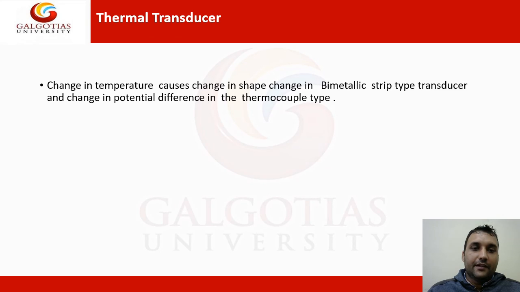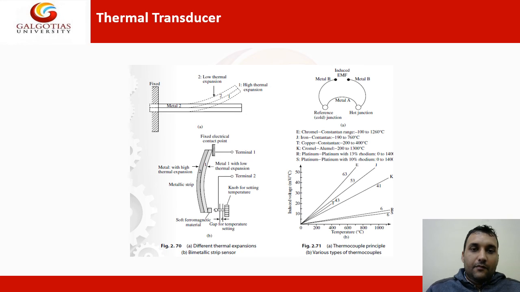A change in thermal temperature causes a change in shape, as in the bimetallic strip type transducer, and a change in potential difference, as in the thermocouple type. So this is the thermal transducer. There the two materials are sandwiched. One is the low thermal expansion material, this is the upper material, and this is the high thermal expansion material.